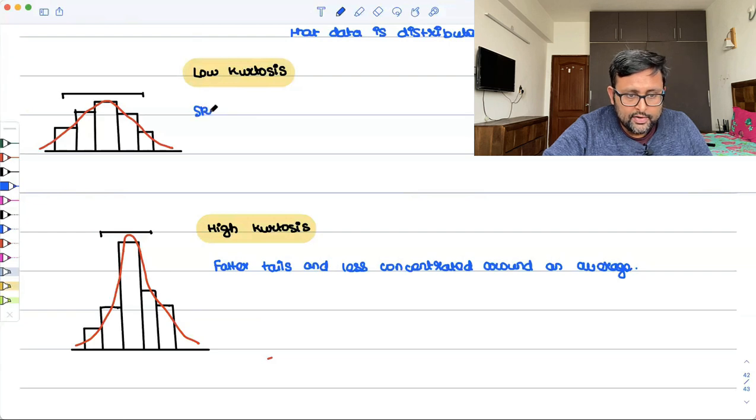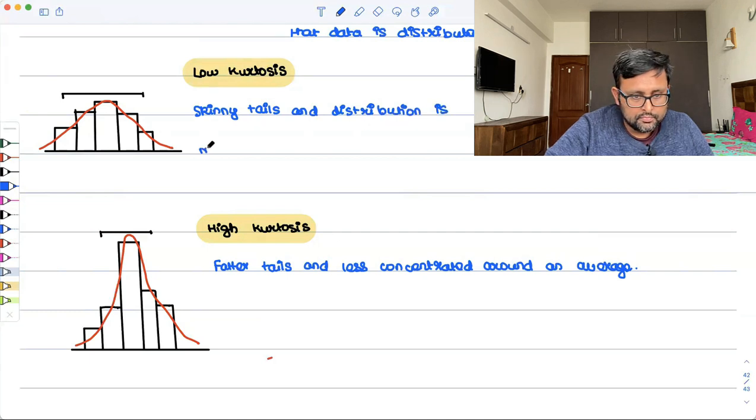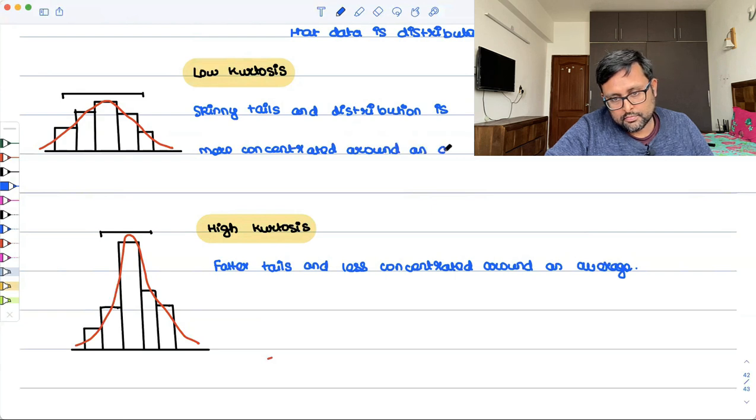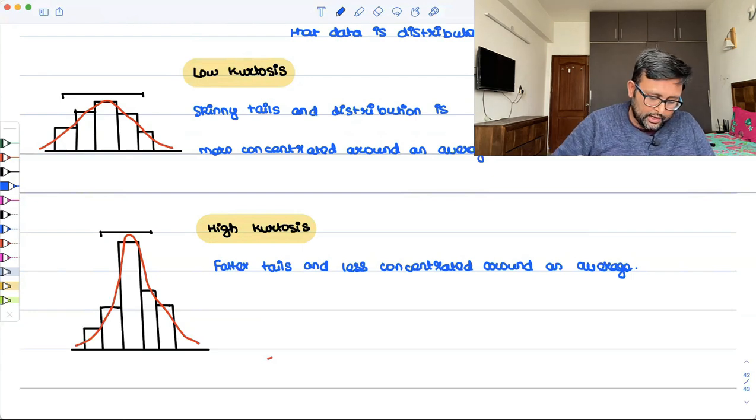Skinny tails means you have fewer extreme values, and the distribution is more concentrated around an average.